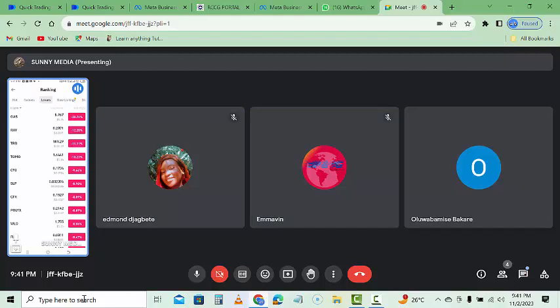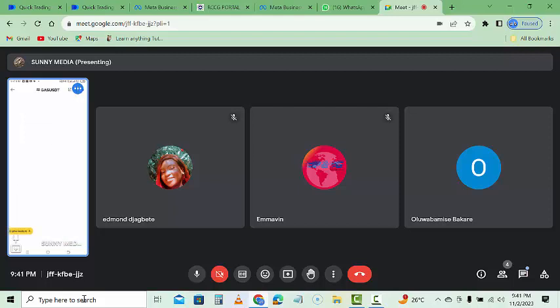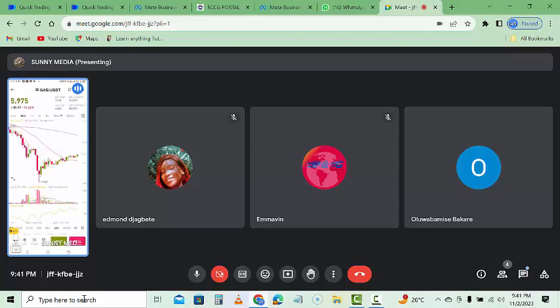Okay, so normally how I trade is like this. If I want to go long, I come to the top loser, take from the ones that have done very well, like this gas here normally. If I see it earlier, I should have gone long on it, but I didn't see it and it's already moving, so it's just to avoid it for now. Okay, same scenario.